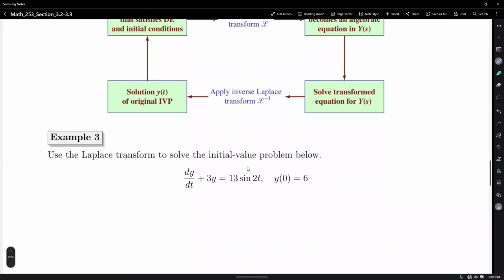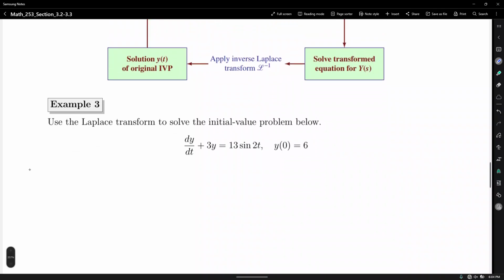Use the Laplace transform to solve the initial value problem below: dy/dt plus 3y equals 13 sine 2t, with y of 0 equals 6. You could use the formula for linear first order differential equations we learned in week 2 or 3, I forget, but we're going to use the Laplace transform in this case.